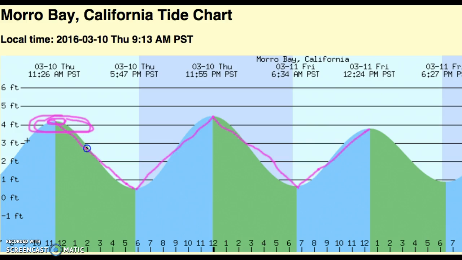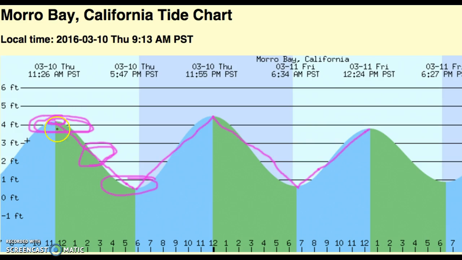And then when we get to this part, that's when we have the maximum rate of change, right? That's when the tide is changing at the fastest, okay? That's when the current is likely going to be the strongest, okay? And then down here at the bottom, things mellow out again, and this curve is a slowdown in the movement, okay?